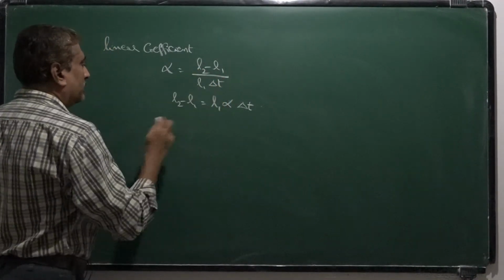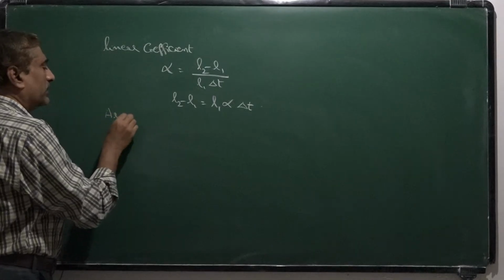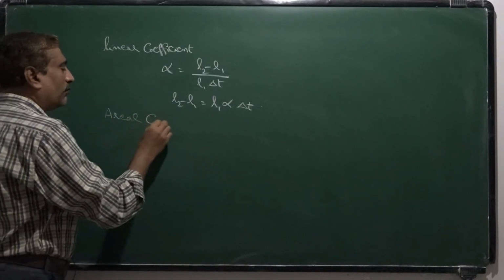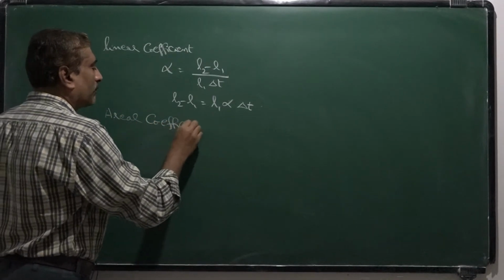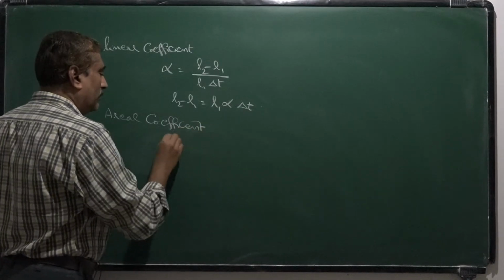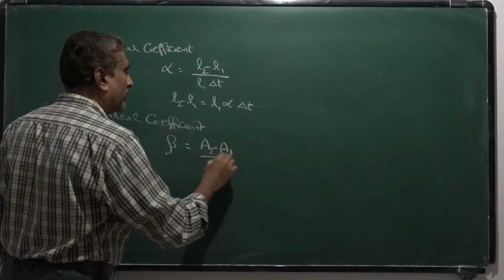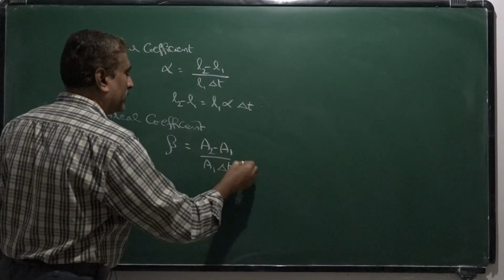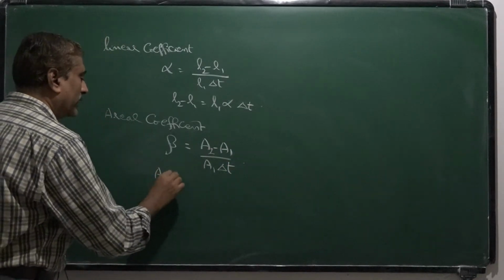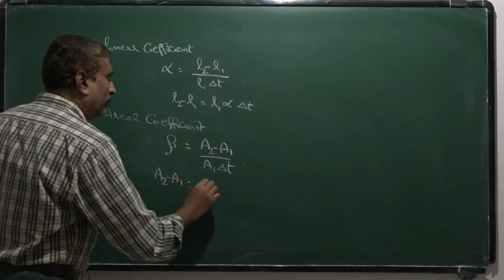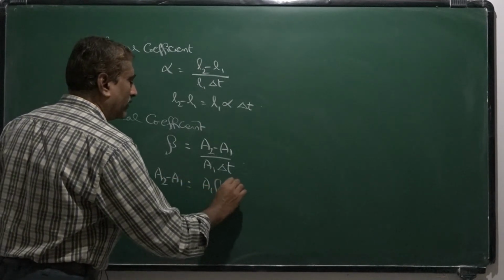Similarly, the areal or superficial coefficient, beta, is equal to the change in area A2 minus A1 by initial area into change in temperature. In this case also, A2 minus A1 is A1 beta delta T.